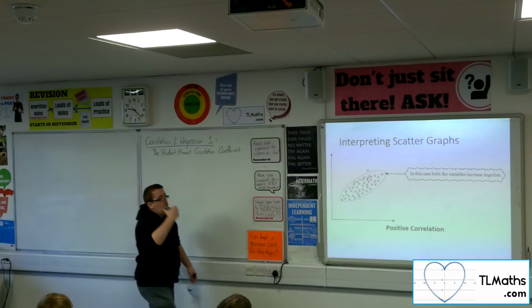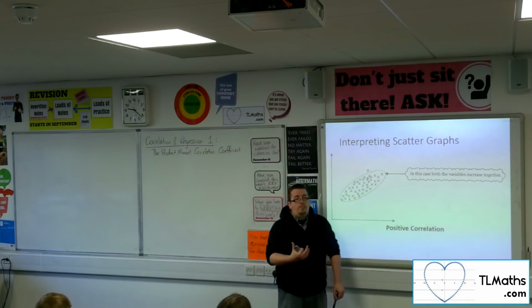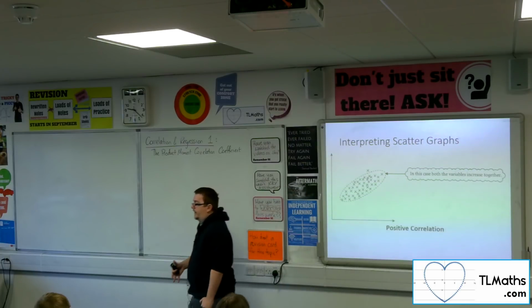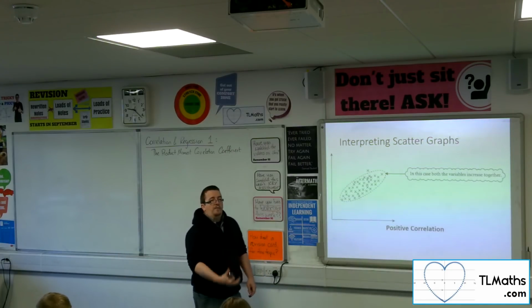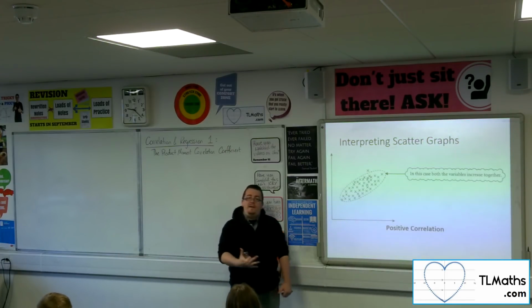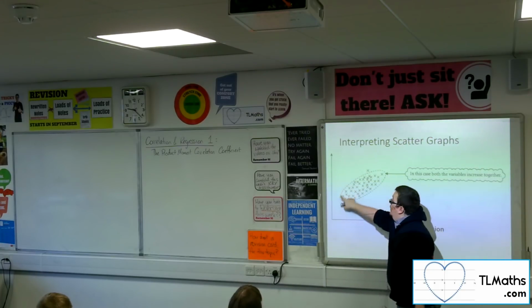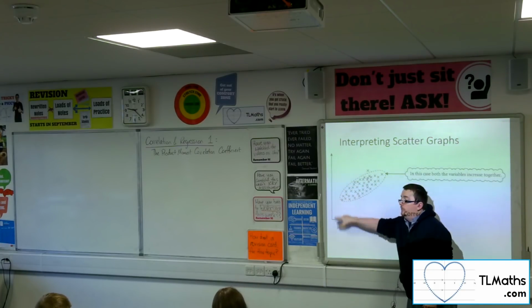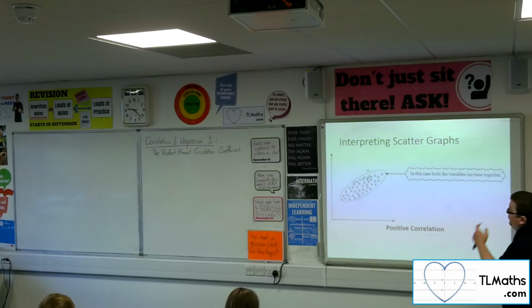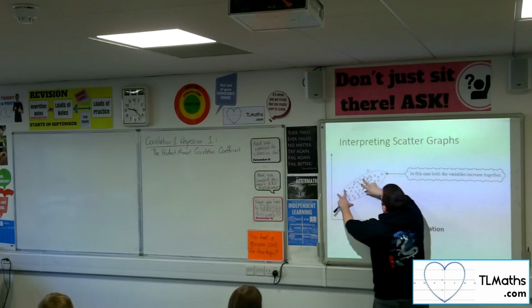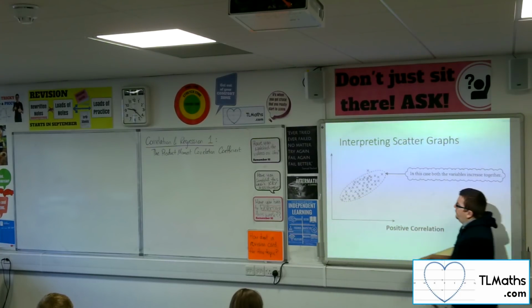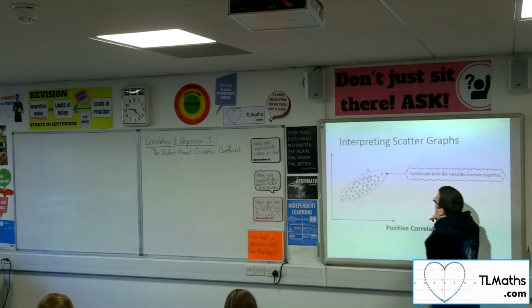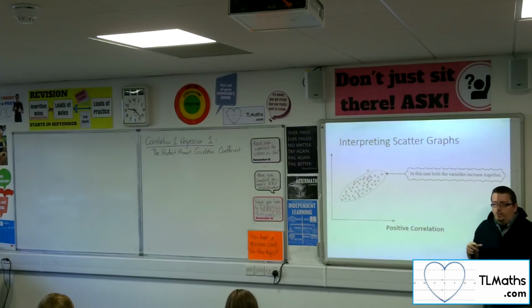So in order to show that there is positive correlation, what is important to get across at this stage is that if the data is roughly elliptical, so that means I can draw an ellipse around the data like so, condensing it from bottom left to top right, then we would say that the data is positively correlated. The longer and thinner that ellipse is, the stronger the correlation.